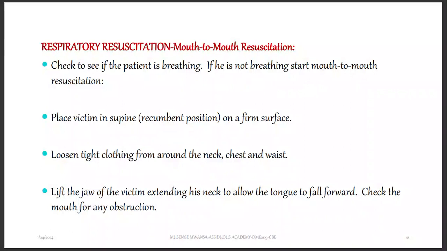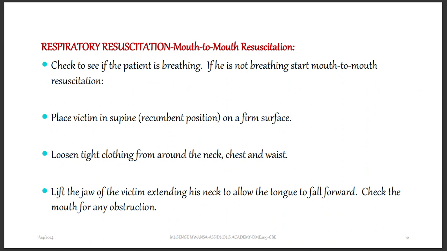So we said one of the things that we can perform is mouth to mouth. That is known as respiratory resuscitation or mouth to mouth resuscitation. So how do you do this? You check first to see that the patient is breathing. If he or she is not breathing, you can now start mouth to mouth resuscitation.